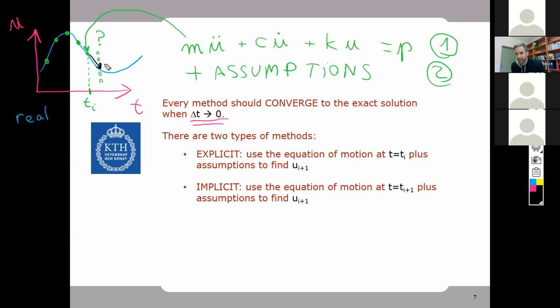And that makes sense. We have calculated the response up to this point. Because we have calculated it, we know that it's going to fulfill this equation, because that's the way we calculated it. And we make some assumptions on what is happening in this time interval.